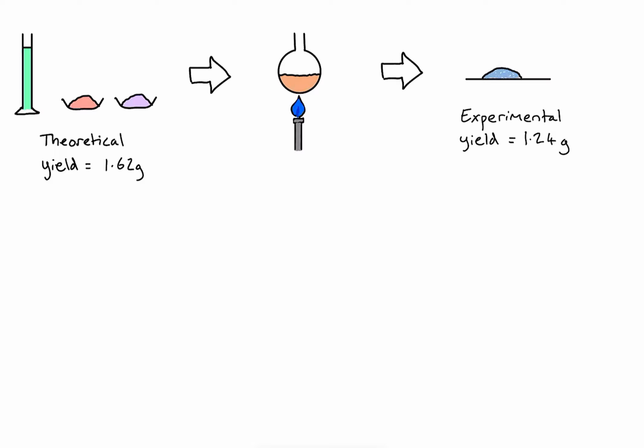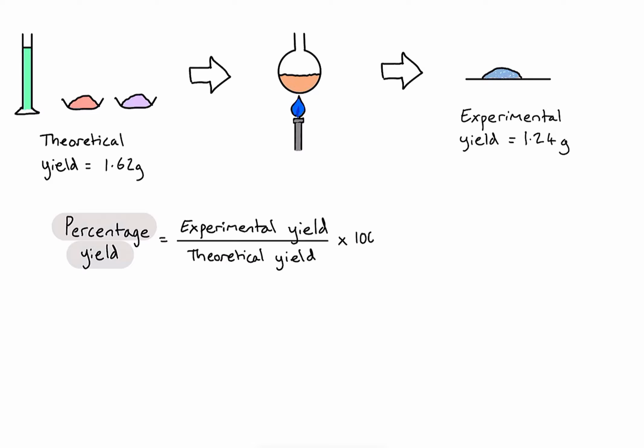So using exactly the same layout as the farming example, we're going to try and work out the percentage yield by taking the ratio of the experimental yield to the theoretical yield and multiplying it by 100. If I stick my numbers in here, I get 1.24 divided by 1.62 multiplied by 100, and that gives me 76.5%.